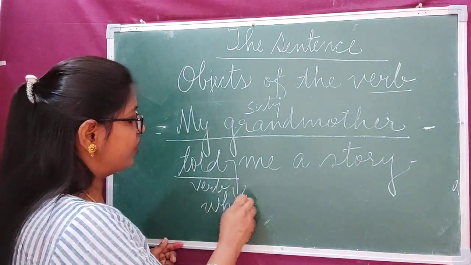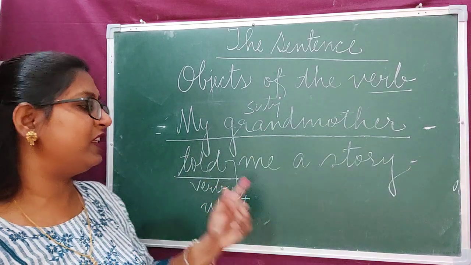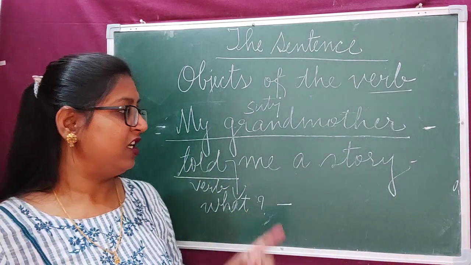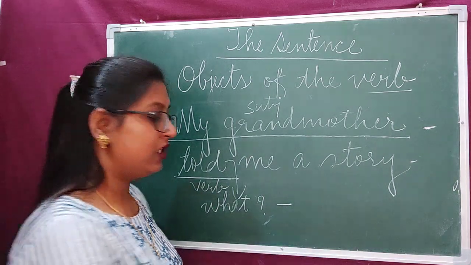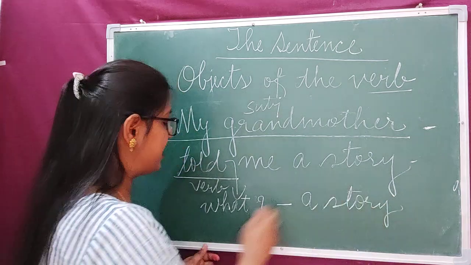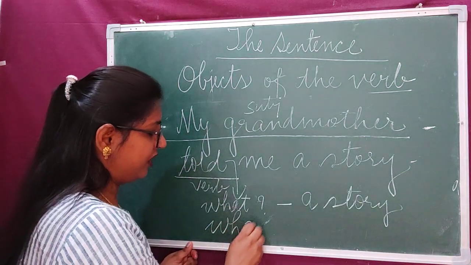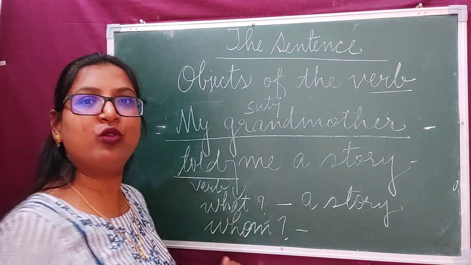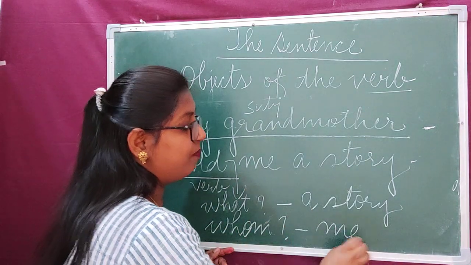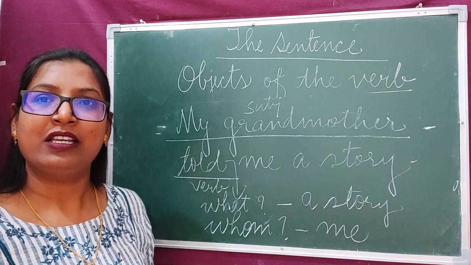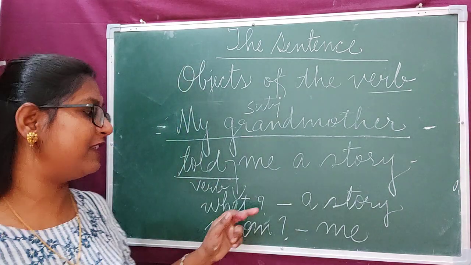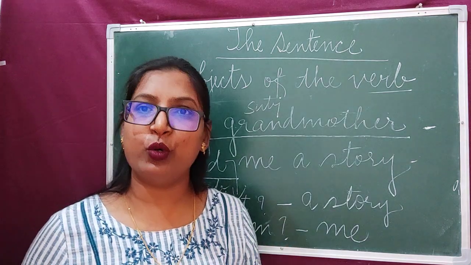If I ask question what after the verb, my grandmother told what? A story. If I ask the question of whom, my grandmother told whom? Answer we get, me. Clear? Now we can see here in this sentence we can get the answer of what or whom both.